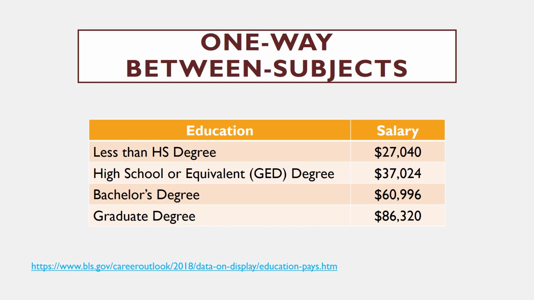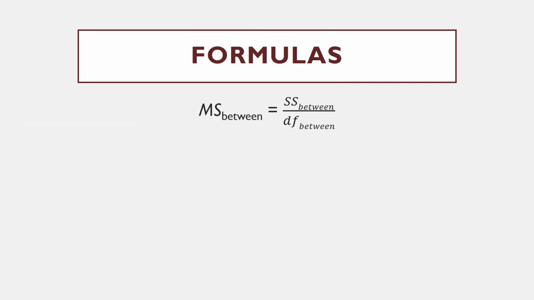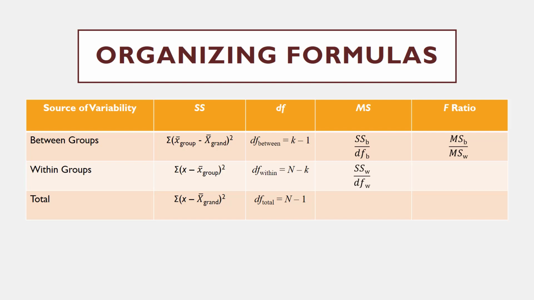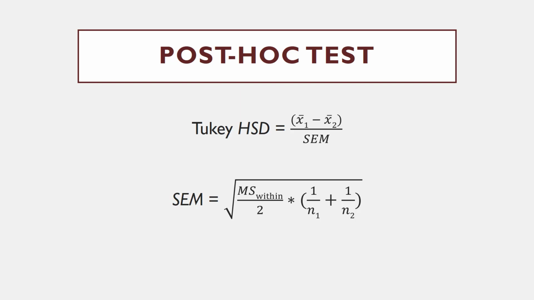And is getting a graduate degree going to significantly improve your earnings over just having a bachelor's degree? That we don't know from the omnibus test. When we get that F value, it just tells us, is there a difference somewhere within this data? These post-hoc tests help us to know, where is that difference occurring?